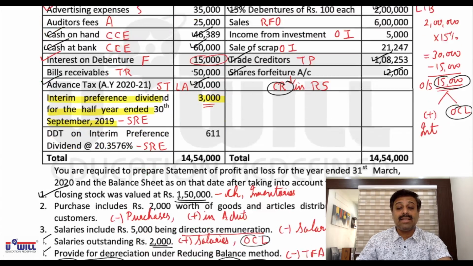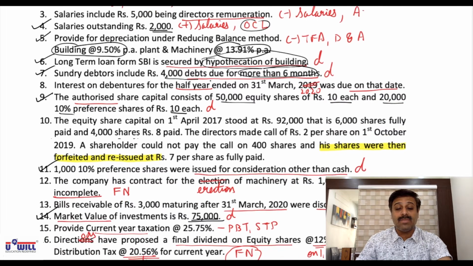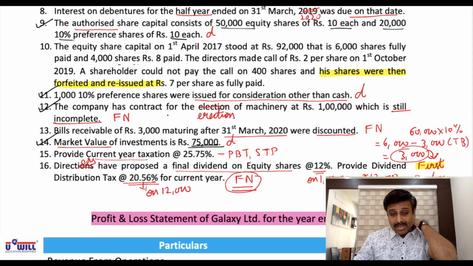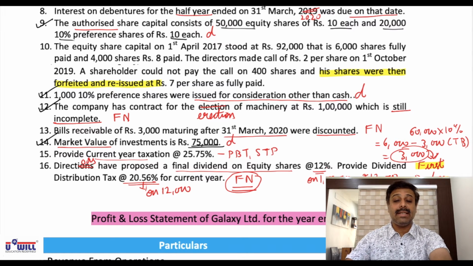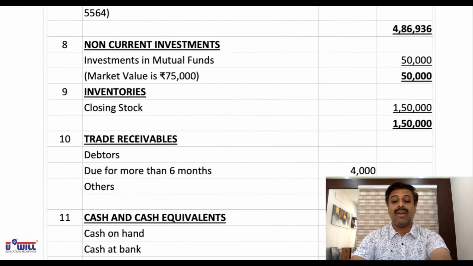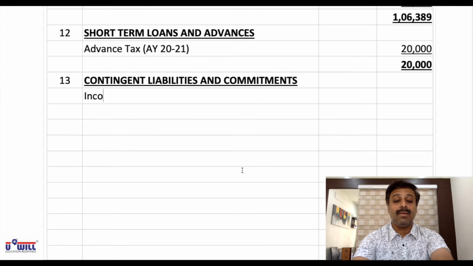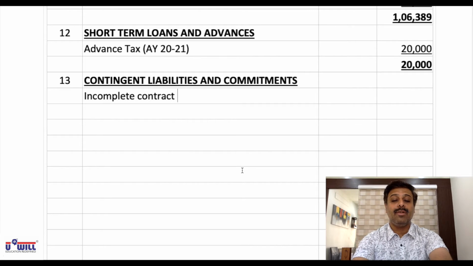Let us see what all things are there in footnote, the FN marked adjustments. First is the 12th adjustment, contract for erection of machinery 1 lakh, which is still incomplete. Okay, incomplete contract for erection of machinery 1 lakh.